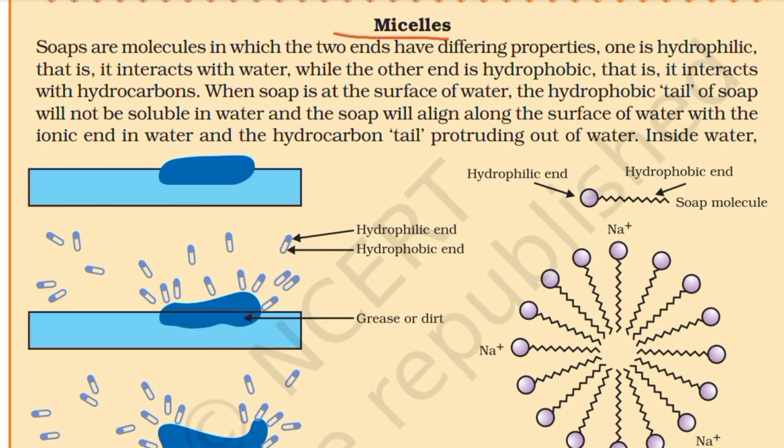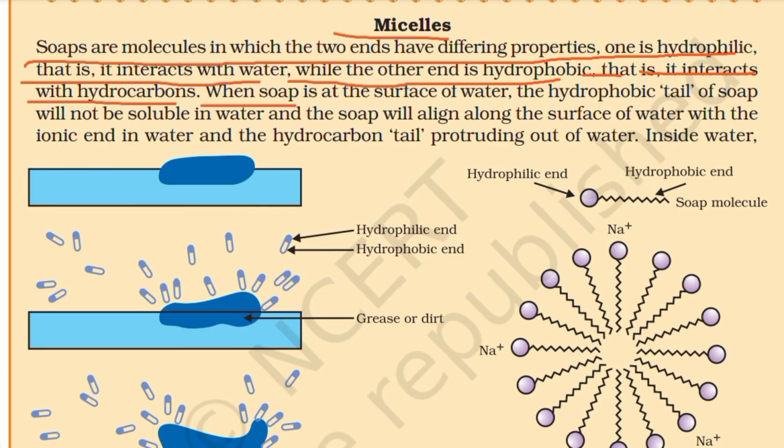Micelles. Soaps are molecules in which the two ends have differing properties. One is hydrophilic, that is, it interacts with water, while the other end is hydrophobic, that is, it interacts with hydrocarbons.